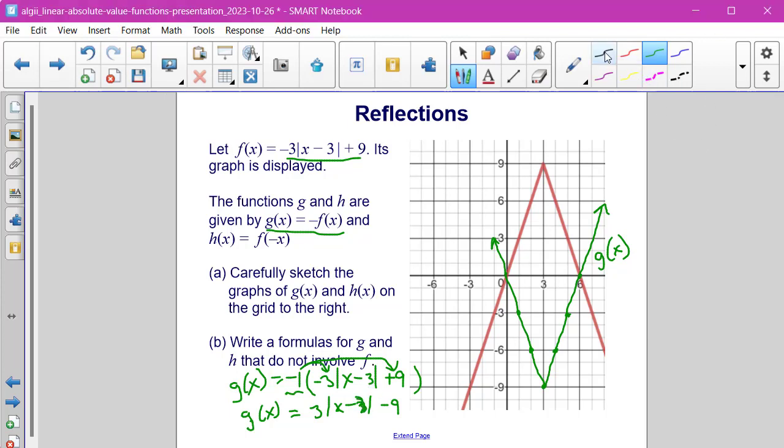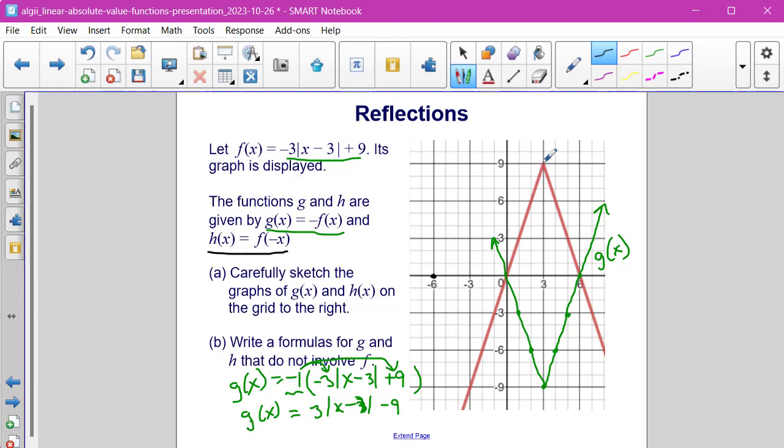And now let's do the same for h of x. H of x is equal to f of negative x. This means that we are going to reflect the function f about the y-axis. So the point at 0, 0 is going to stay there, but the point at 6, 0 is now going to go through -6, 0 when it's reflected across the y-axis.